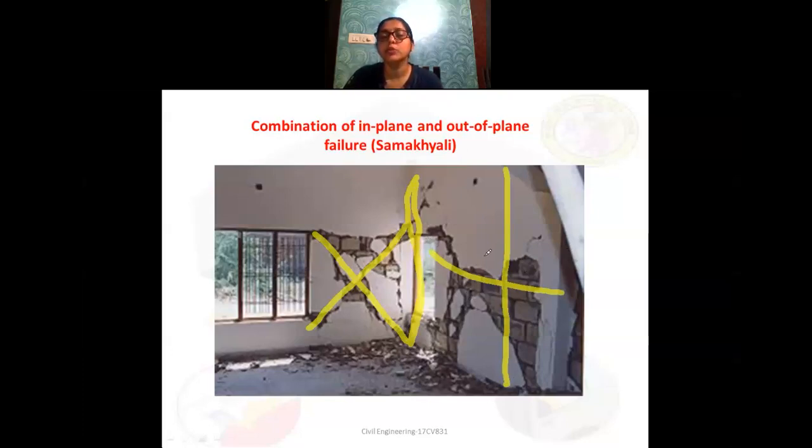Cross walls tend to undergo out-of-plane failure. So the shear wall undergoes in-plane failure, whereas the cross wall undergoes out-of-plane failure. In this picture, you can notice both a combination of in-plane failure as well as out-of-plane failure.